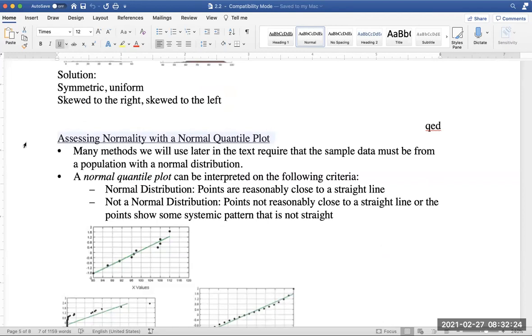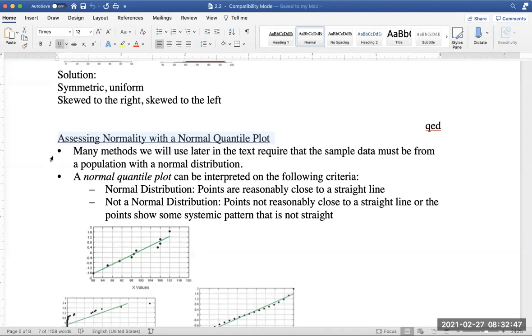There are visual ways of determining if particular data is normally distributed. One of the ways that we'll be looking at is the normal quantile plot.